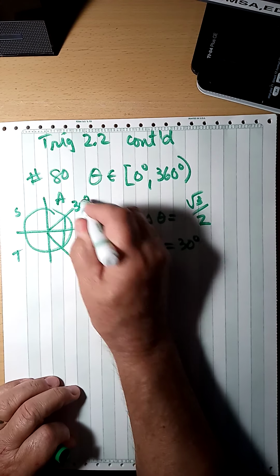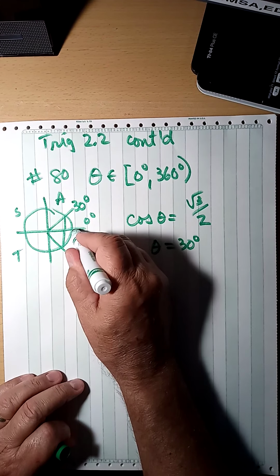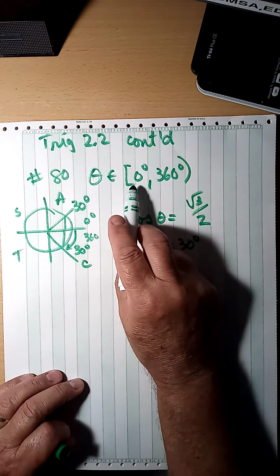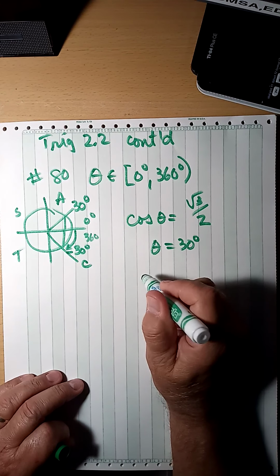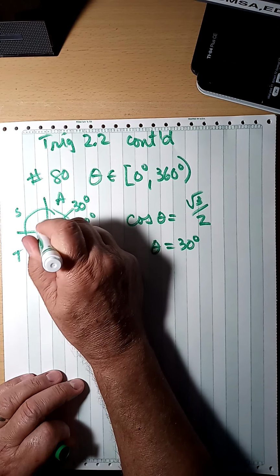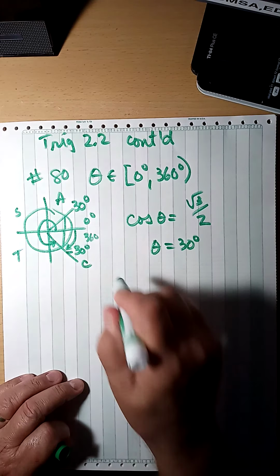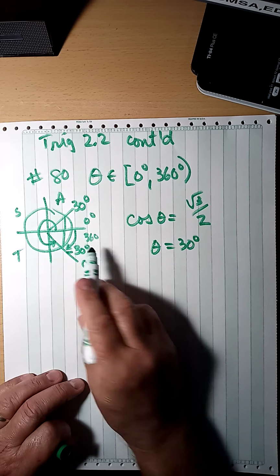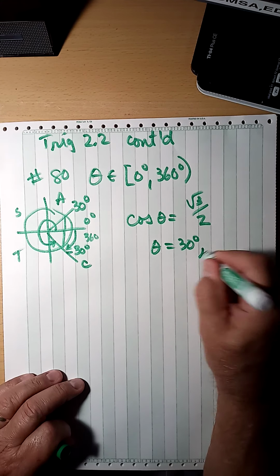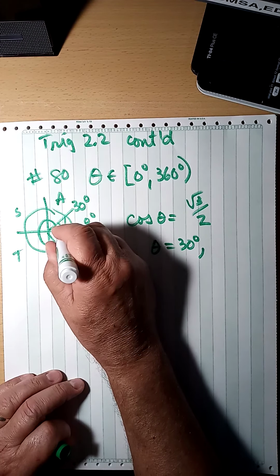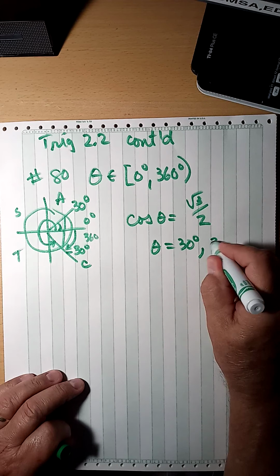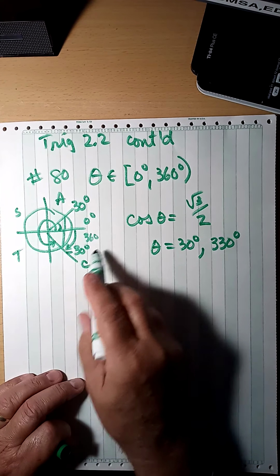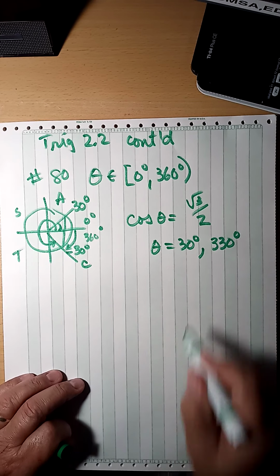It's true here, 30 degrees, and it's true for this angle, 30 degrees. But we don't want a negative 30 degrees. We want to go all the way around and find the angle that is 30 degrees less than 360. So we want not just 30 degrees, but 330 degrees, which is 30 degrees less than 360 degrees.